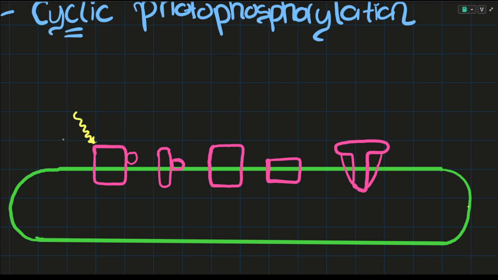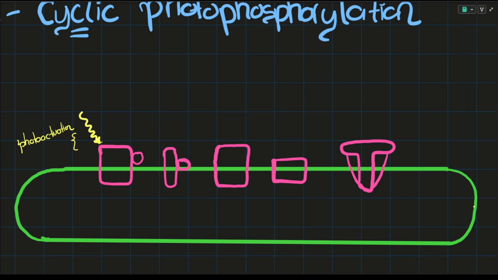And when this happens, a small process known as photoactivation occurs. Now, photoactivation is all about light energy hits and the electron is excited.